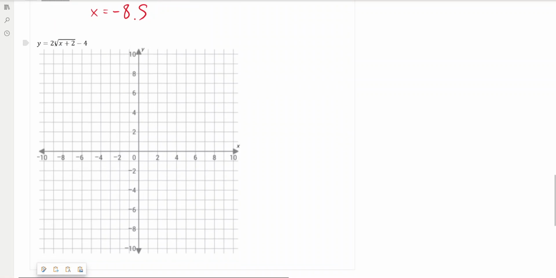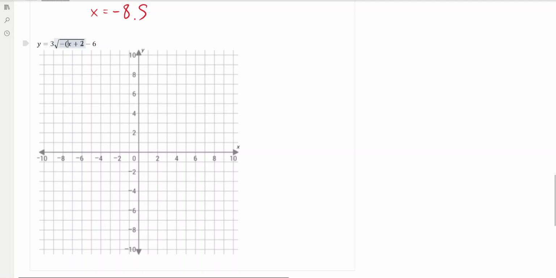So let's do another example, but let's do 3, and let's move it down by 6, and let's flip it horizontally. So let's put a negative. Yeah, let's try that. Okay, so we're going to try to graph this.